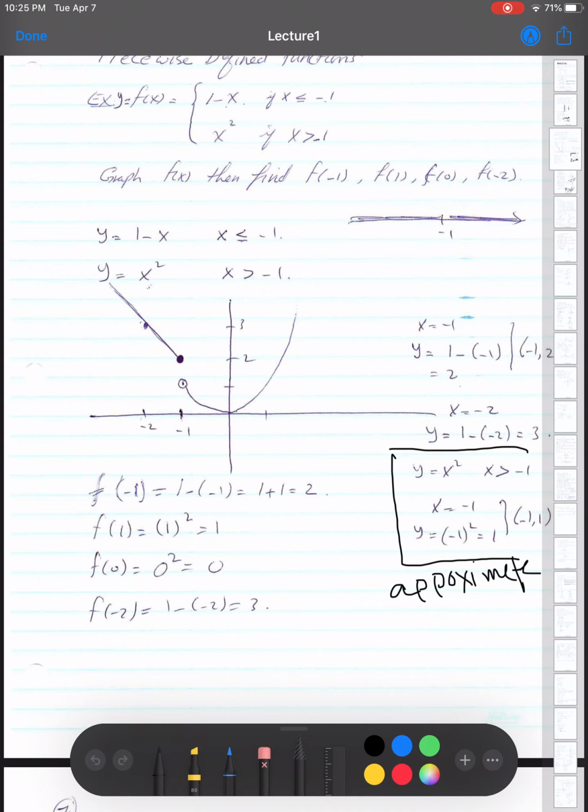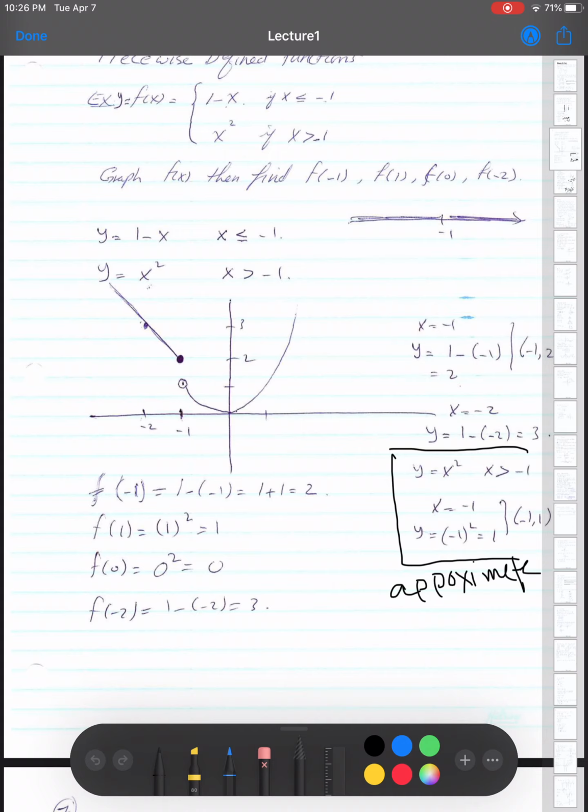We can also solve it from the equation or from the function given. For example, f of negative 1 falls in the range of this function, because anything to the left of negative 1, this function exists there. So for f of negative 1, we substitute negative 1 into 1 minus x, and the x value is negative 1, so we substitute x with negative 1 and solve.